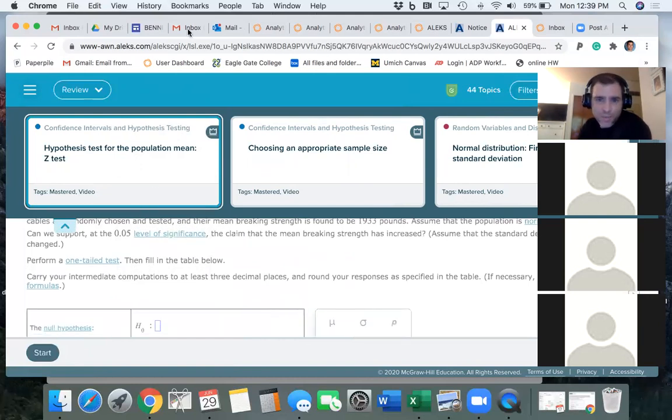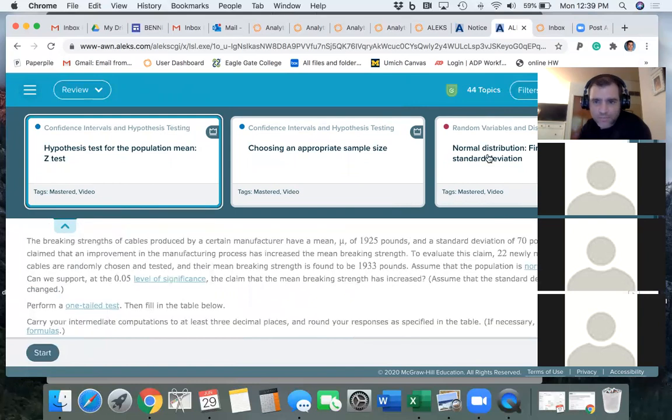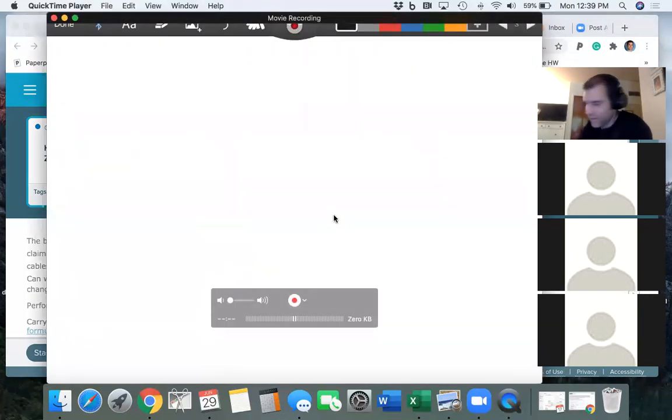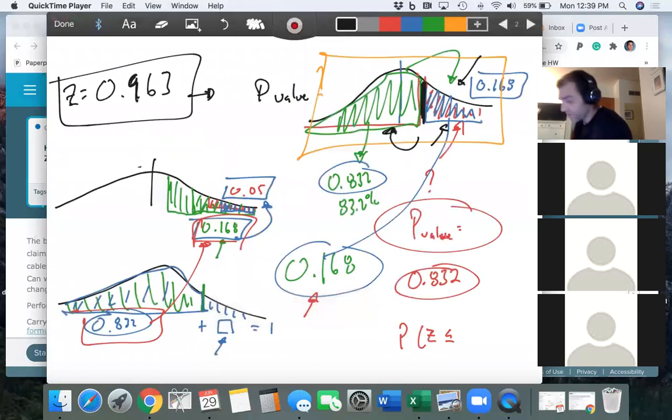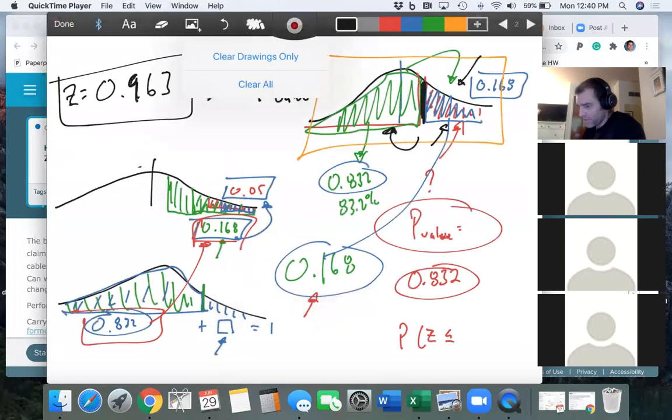Let's just go back to the example we have. If I was doing this with a critical value approach instead of the p-value approach, actually, let me just clear all of this.